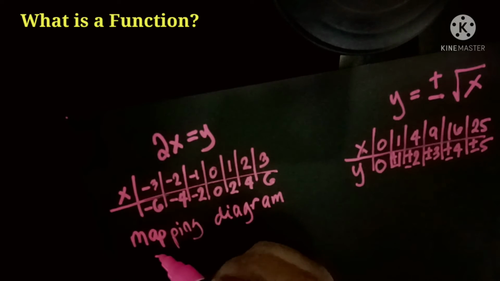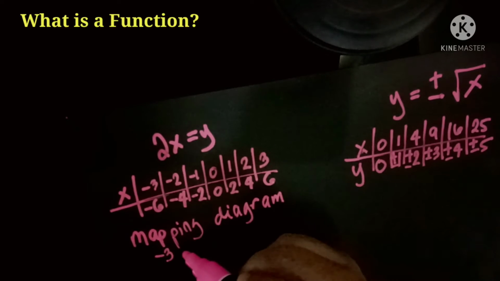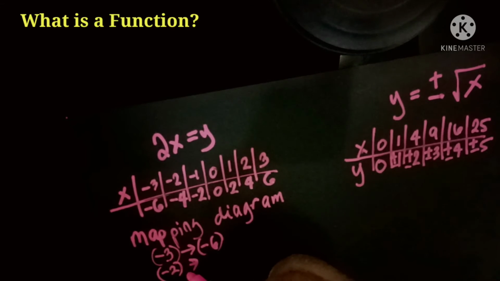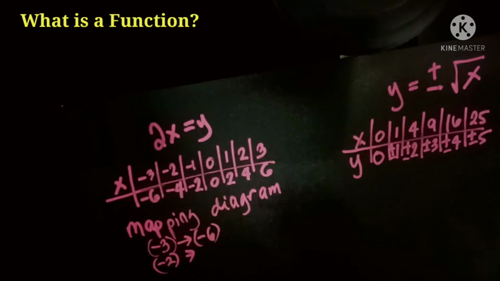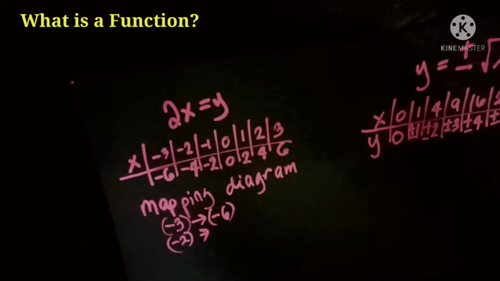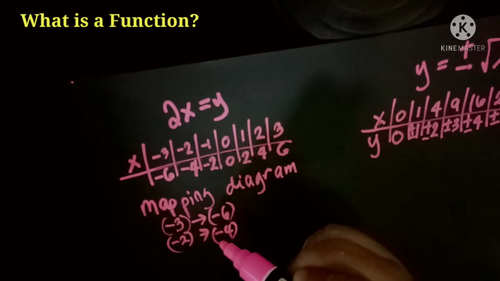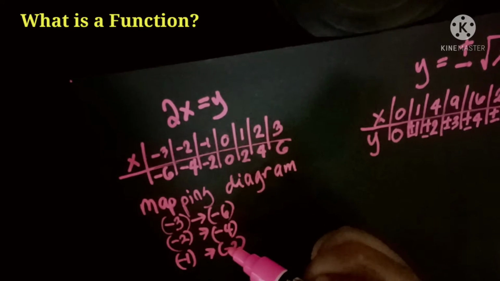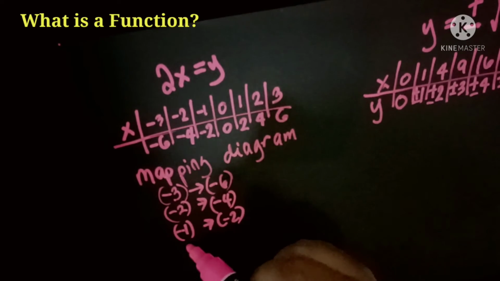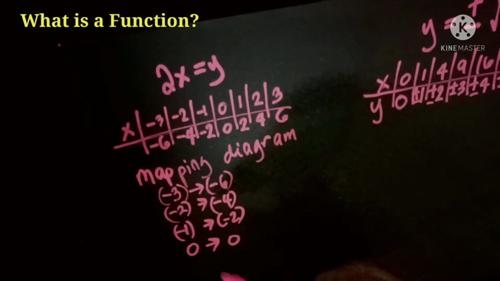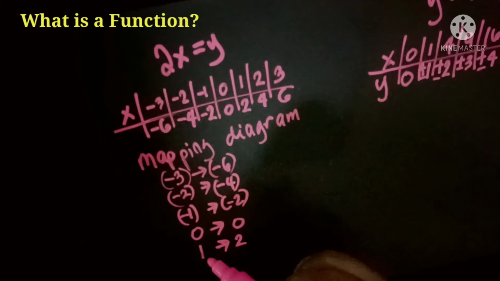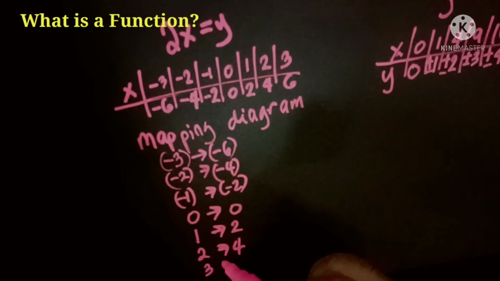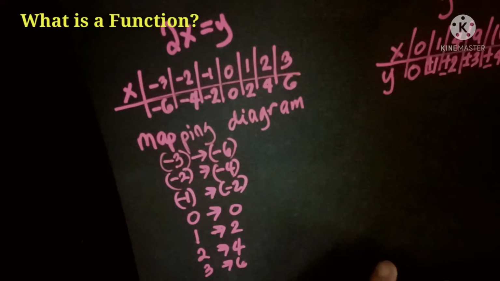Okay, so -3 paired to -6, -2 paired to -4, -1 paired to -2, 0 paired to 0, 1 to 2, 2 to 4, and 3 to 6.